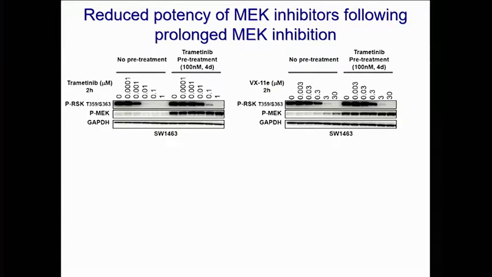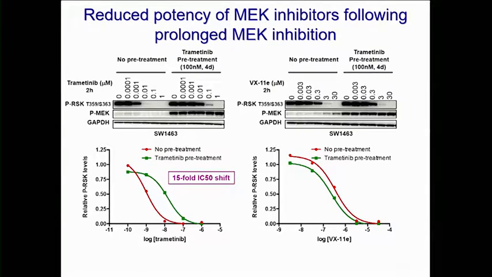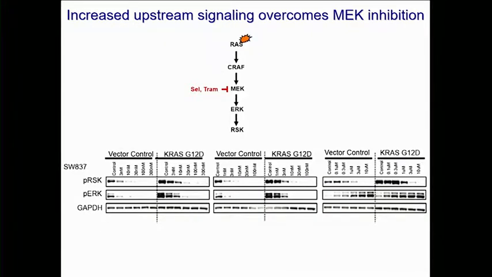And what we found is about a log shift in the potency of trametinib and about a 1 to 2 log shift in the potency of selumetinib to inhibit phospho-RSK after a 4-day pretreatment with trametinib. And as you can see, the baseline phospho-MEK levels are massively induced at this time point compared to the non-pretreated cells. Again, we tried another way of modeling this by increasing the flux through the pathway by expressing high levels of mutant KRAS.